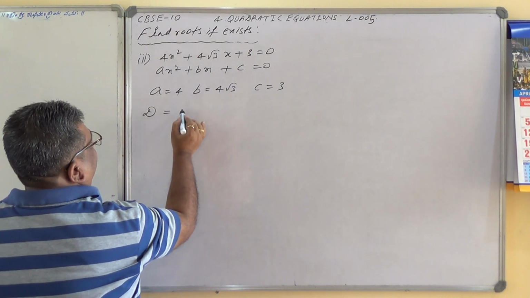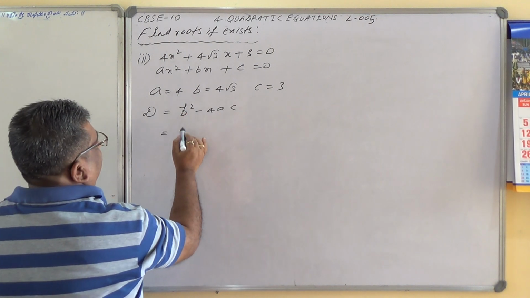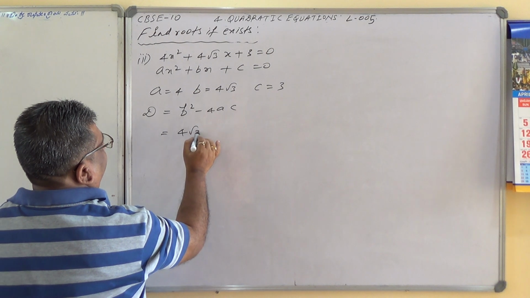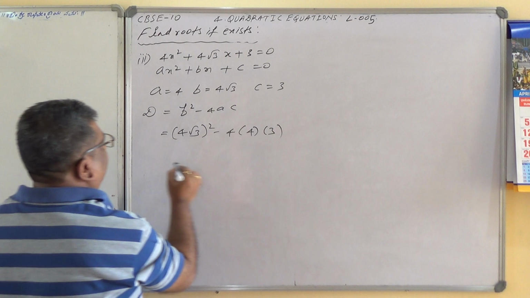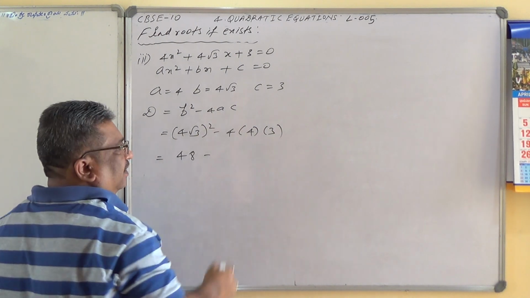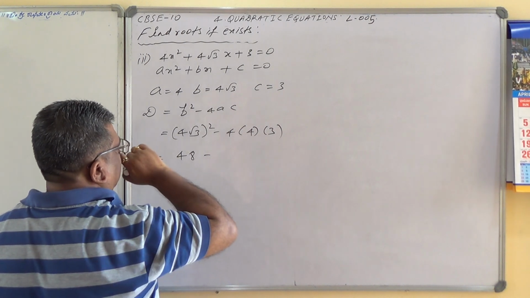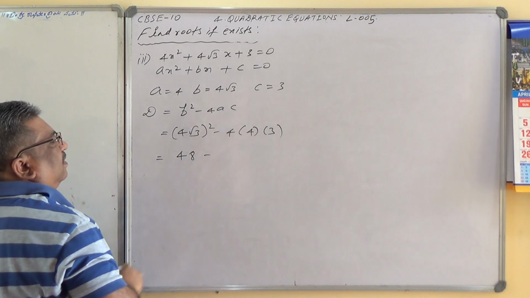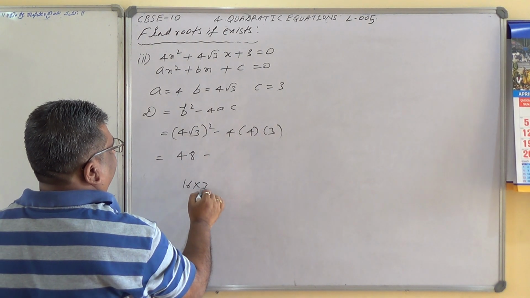Let me check D here, which is b square minus 4ac, which is (4 root 3) the whole square minus 4 times 4 into 3, which equals 16 times 3 is 48 minus 48.